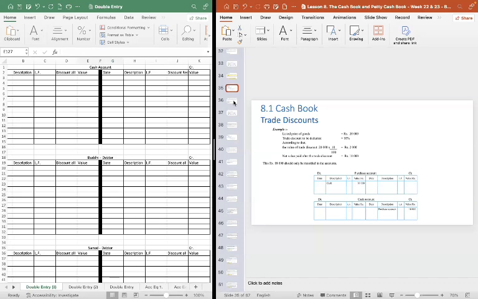So the wholesaler gives trade discounts to retailers and then retailers can buy it at a lower price. In this case, we are not doing accounting for this trade discount. We are just accounting for the purchase price after deducting the trade discount.